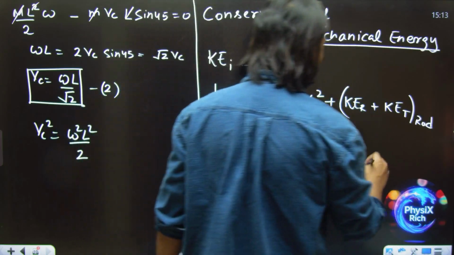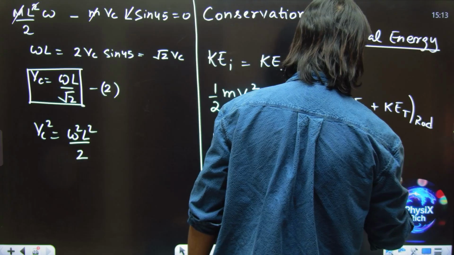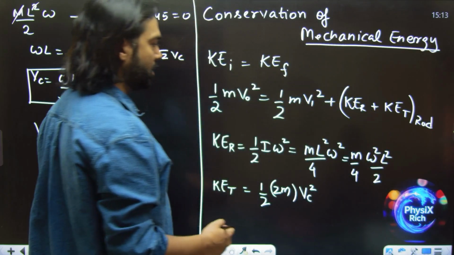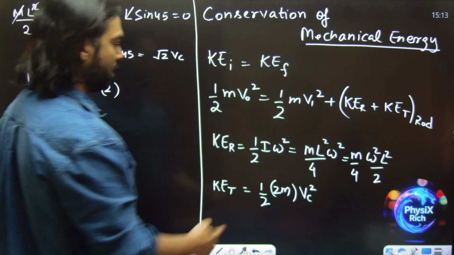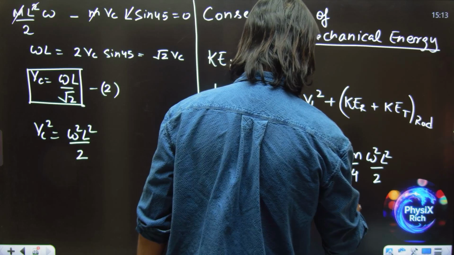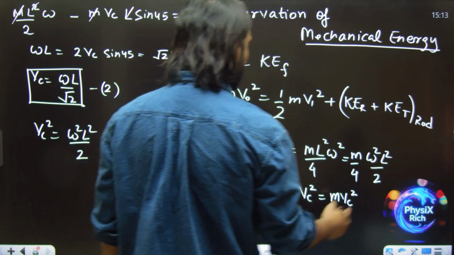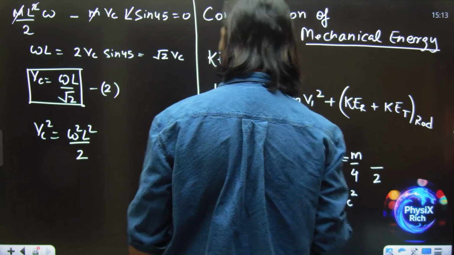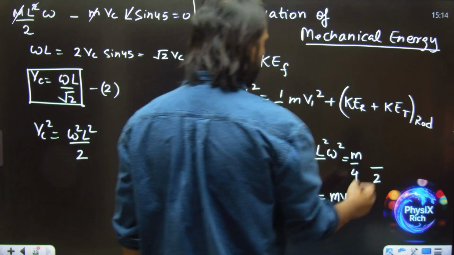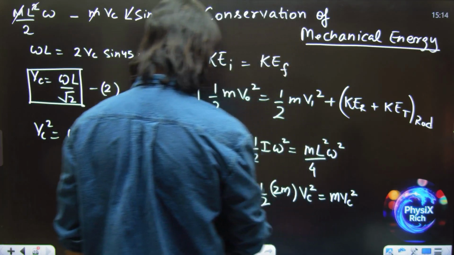It will become omega square L square by 2. So this becomes m omega square L square by 8. And what is this? This is just simply m VC square. Sorry, this is not omega square L square. In fact, I had to substitute omega square L square. No? So it will become 2 VC square. Pardon me over here.